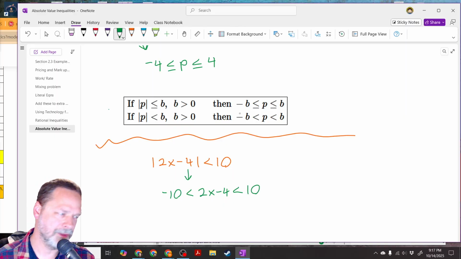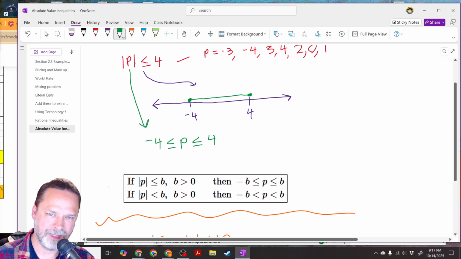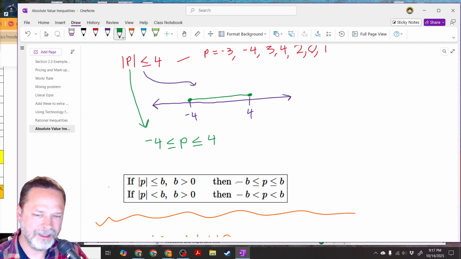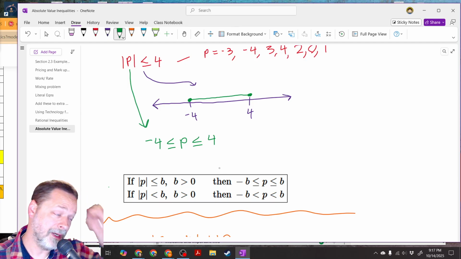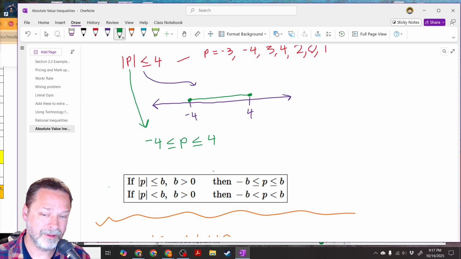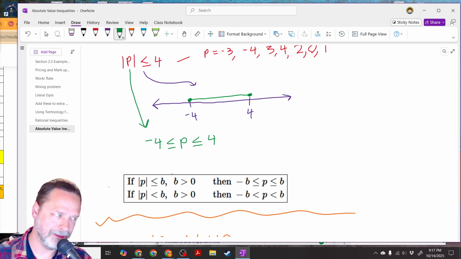And something, of course, worth mentioning is that with an absolute value P less than or equal to B or less than B, B needs to be positive or 0, preferably some positive number. If it's not, then obviously there's no solution. If it's a negative here, absolute value can't be less than a negative, so there's no solution. So that would be silly anyway.